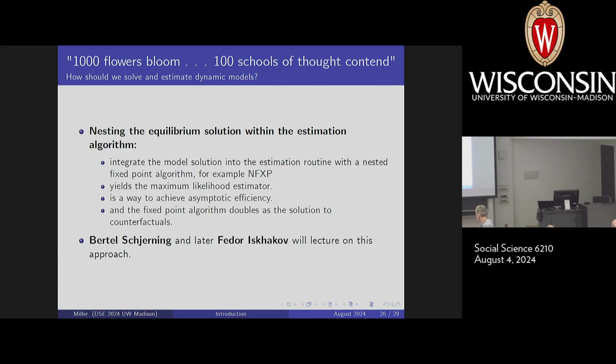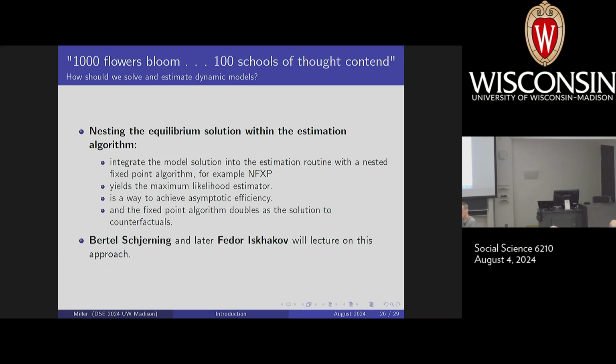First of all, we could integrate the model solution into the estimation routine. Okay? And Bertel is going to describe an approach of doing that, and Fedor is going to be talking about that later too in the week. You get the maximum likelihood estimator out of that.